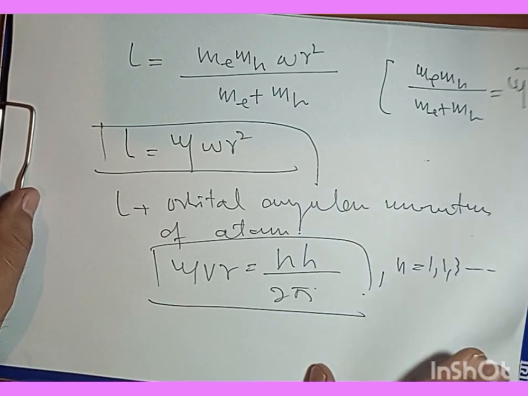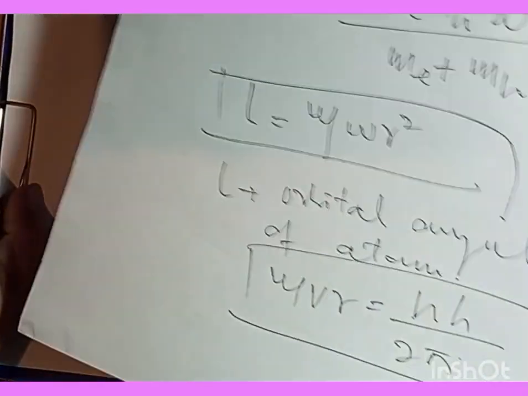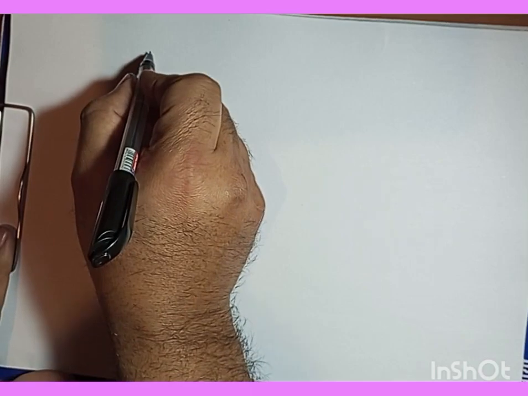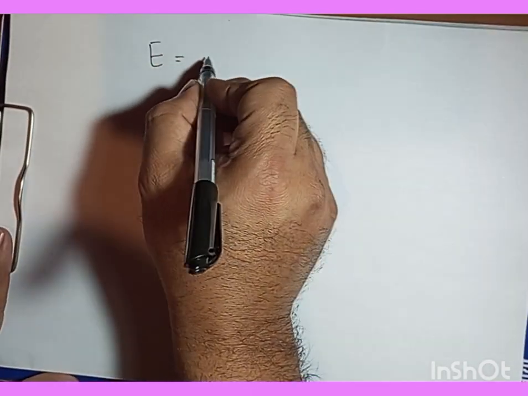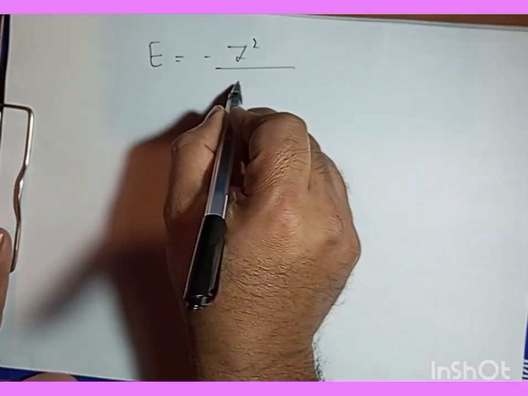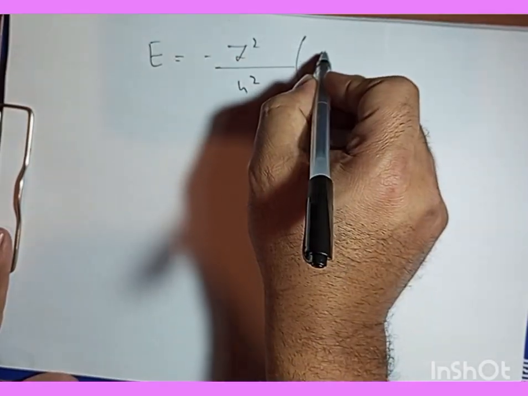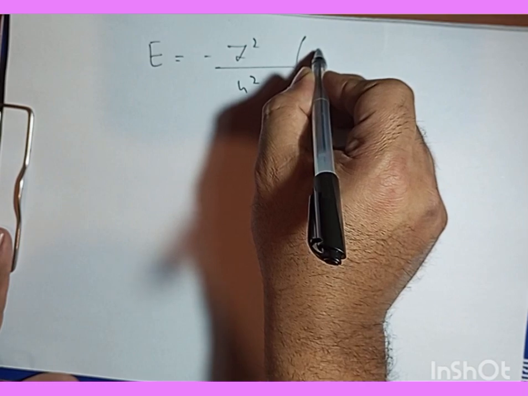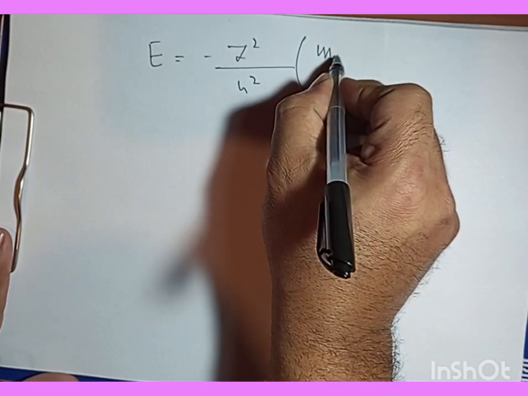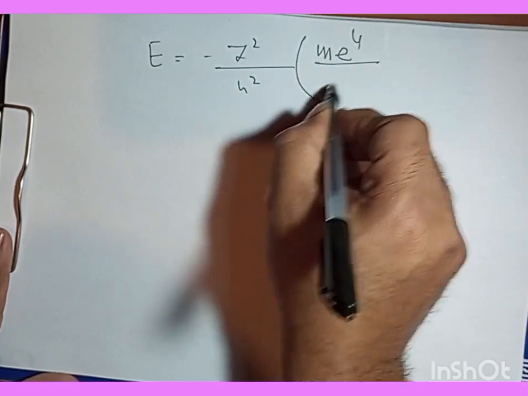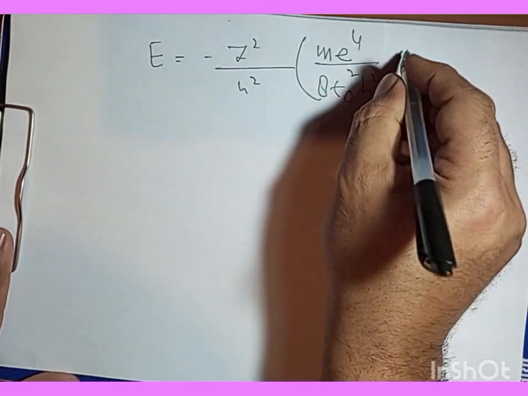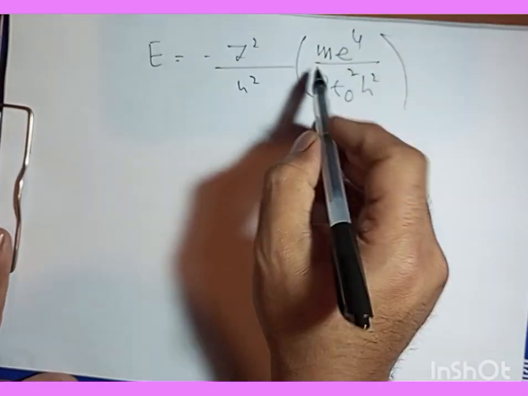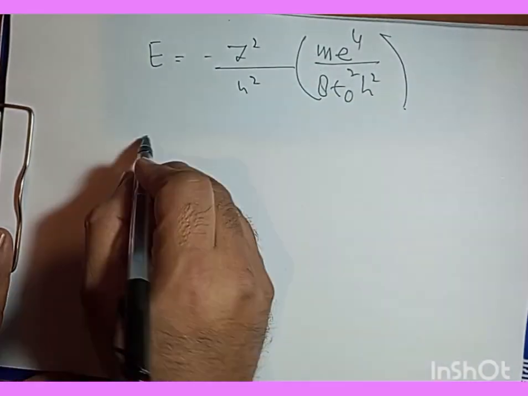If we go back and write down the energy of this system of hydrogen or hydrogen-like atoms, it is minus z square by n square times m e to the power of 4 by 8 epsilon naught square h square. So this m has to be replaced by mu automatically.